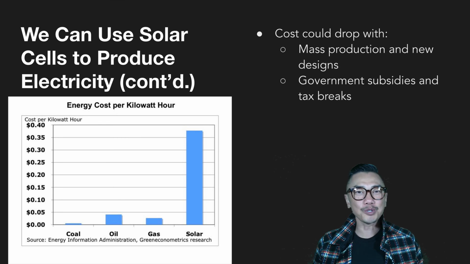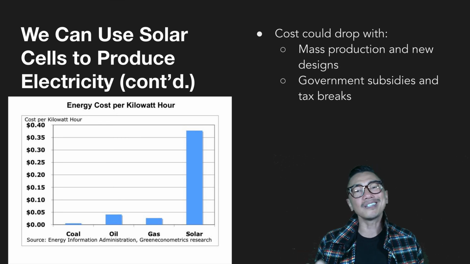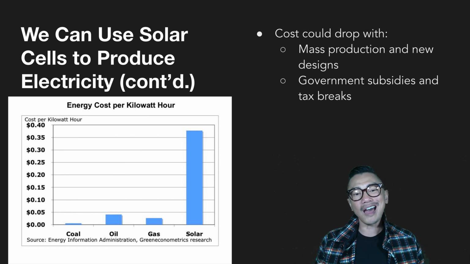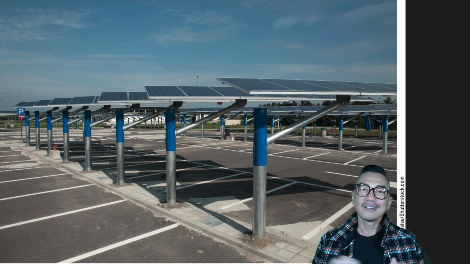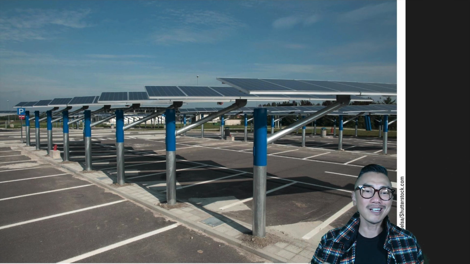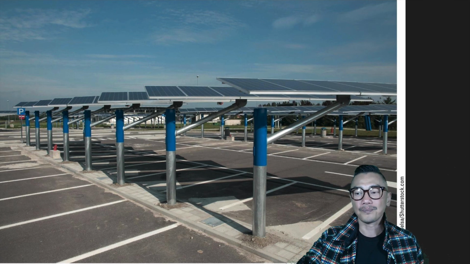Energy produced by photovoltaic cells could get cheaper as the result of mass production, new designs, government subsidies, and tax breaks. Covering parking lots, such as this one, with solar cell arrays provides electricity and shade for cars.